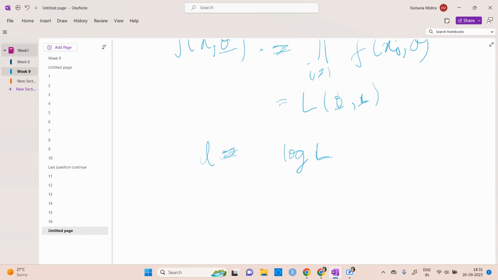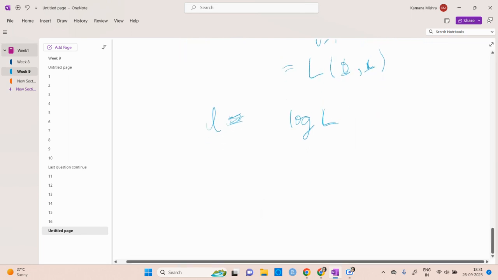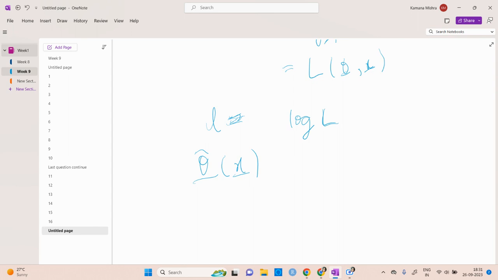So the definition is that a statistic theta cap of x is said to be the MLE. By the way, this function is what we call the likelihood function.